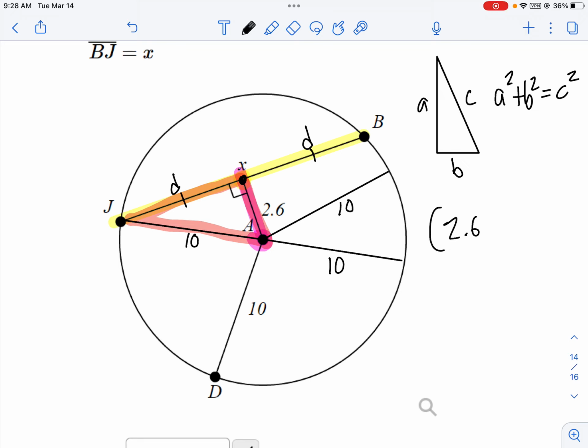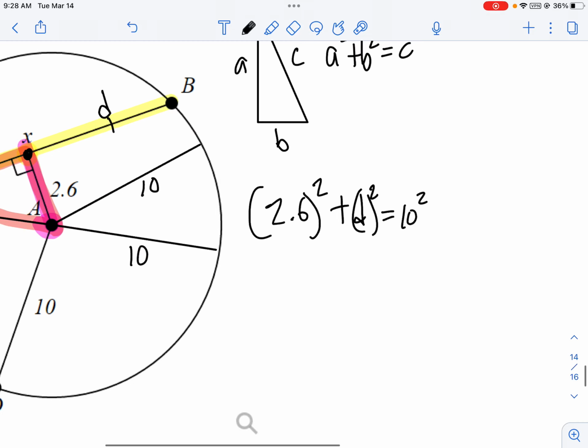So 2.6 squared plus your other leg, d, squared, equals your hypotenuse, 10, squared. Now you have an equation, a relationship set up. 2.6 times 2.6 is 6.76, plus d squared equals 10 squared, which is 100.